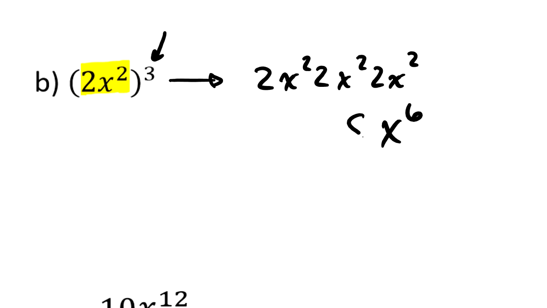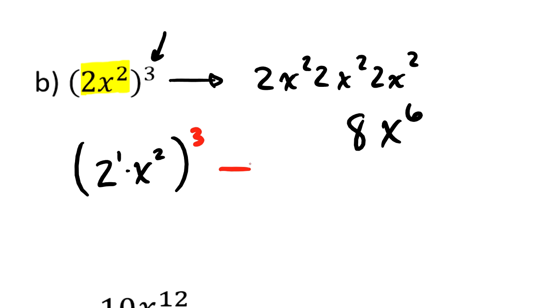the number 8. Another way you might think about this, when you raise powers to a power, we can use that multiplication shortcut. So if I'm looking at this, I could look at this as 2 to the first times x squared, and I'm raising this to the third power.